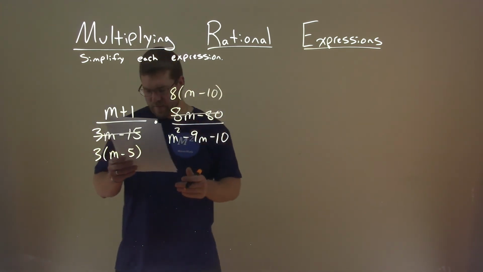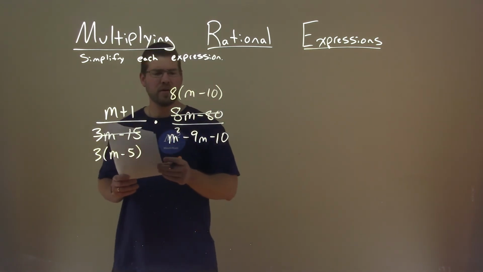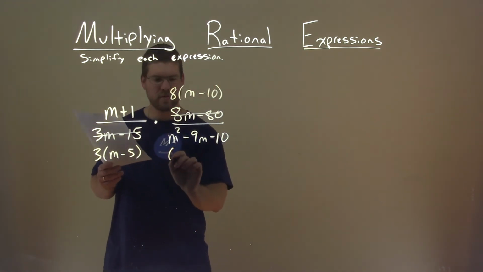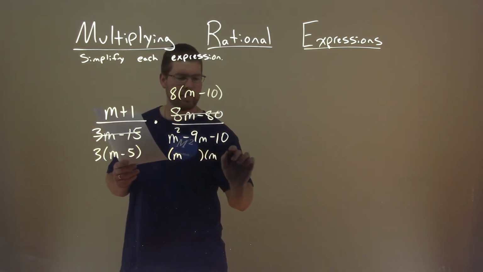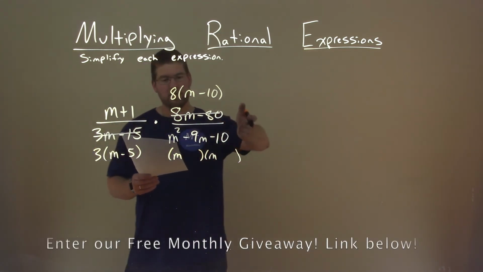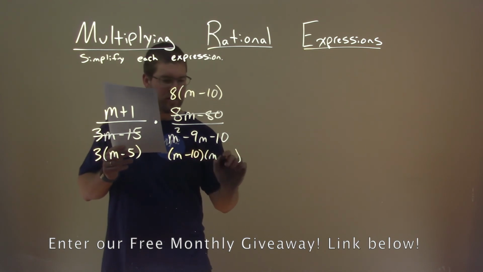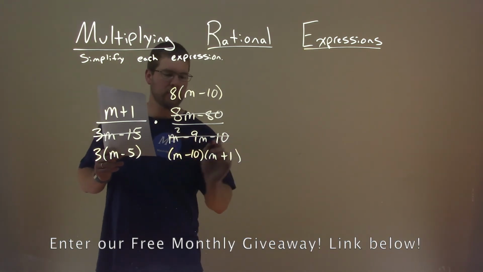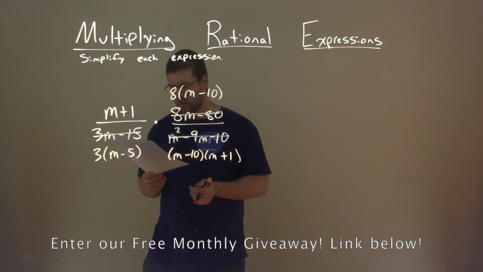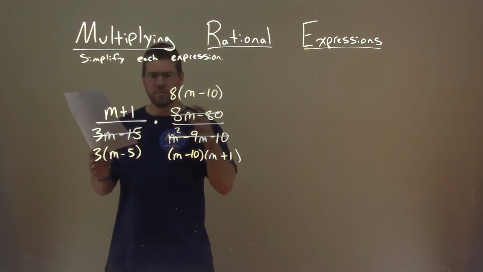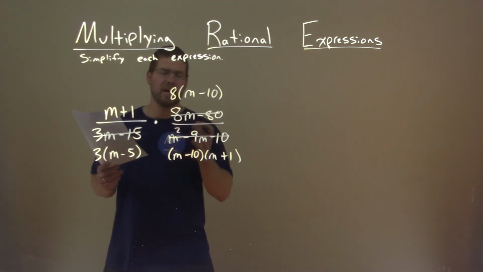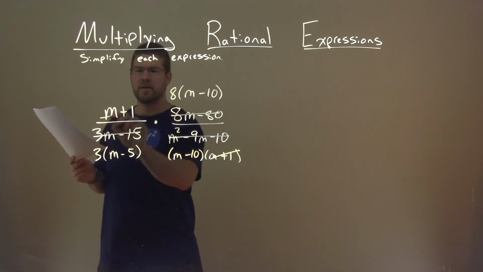So let's replace that. This m squared minus 9m minus 10 looks like it can factor pretty easily. What two numbers multiply to be negative 10 but add to be a negative 9? That's a negative 10 and a positive 1. So let's replace that now with our factored form. So now we have it really broken apart. Let's see what can cancel out. M plus 1 here cancels.